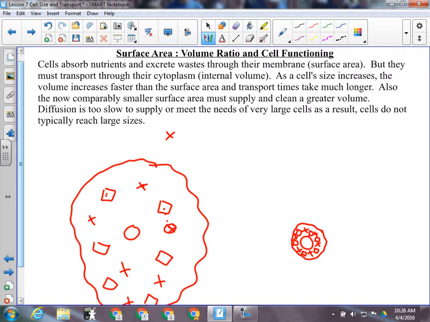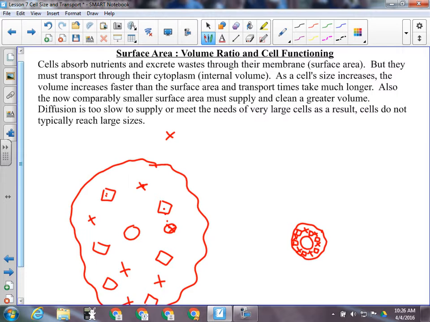The problem is that as a cell grows, not only does its surface area increase, but its volume inside increases as well. The volume is a concern. The volume of a cell is where diffusion has to be responsible for moving stuff.